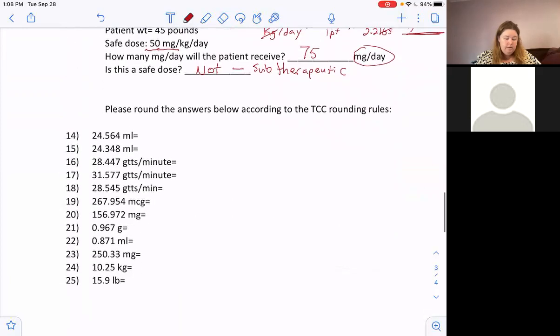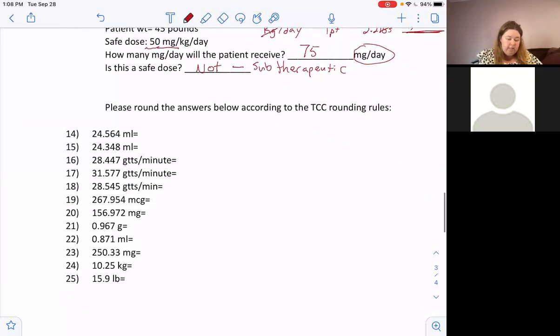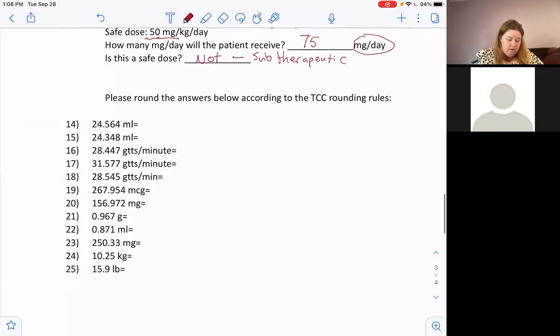All right. So for these, we're just going to do a quick conversion. Rounding, I mean. So this one rounds to 24.6 milliliters, 24.3 milliliters. This one rounds up, right?